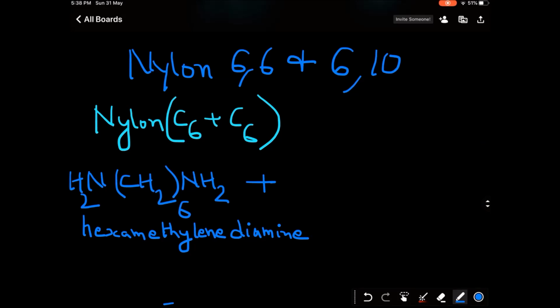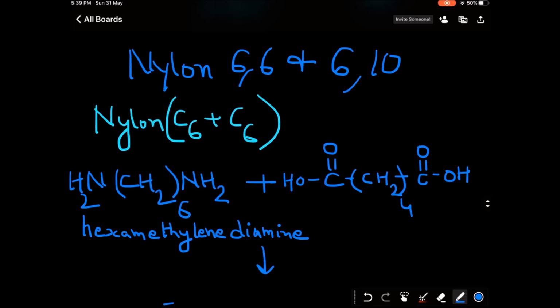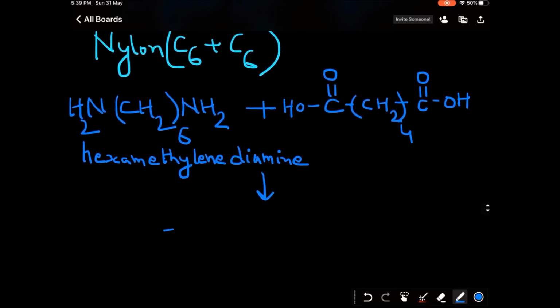So we can write its structure as, the dicarboxylic acid is. So obviously when you combine these two, the first step is loss of a water molecule when you are going to heat them. So we can specify that N moles of this and N moles of this combine.